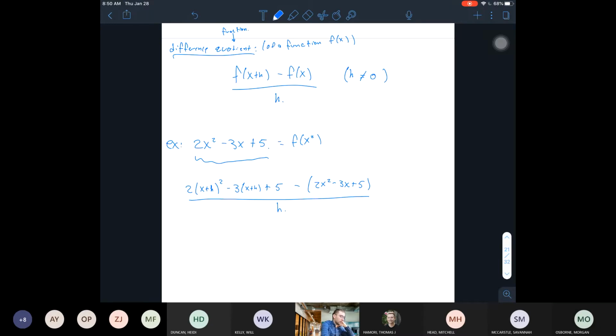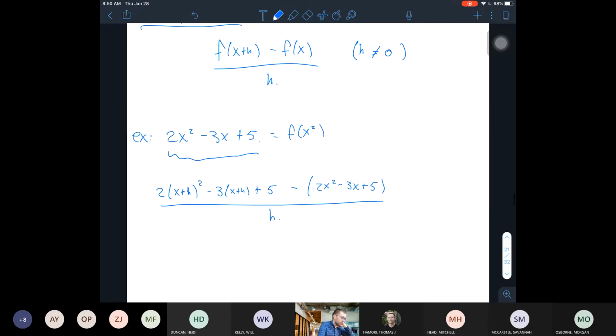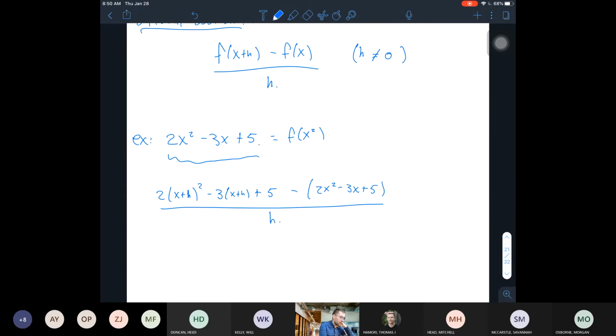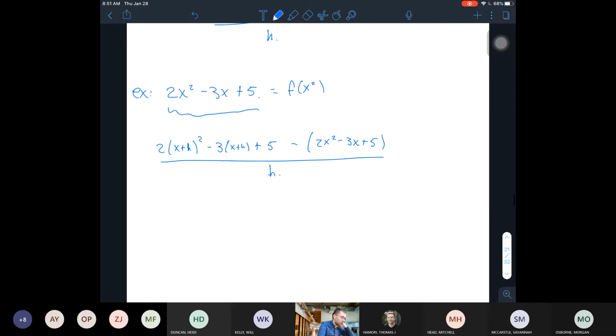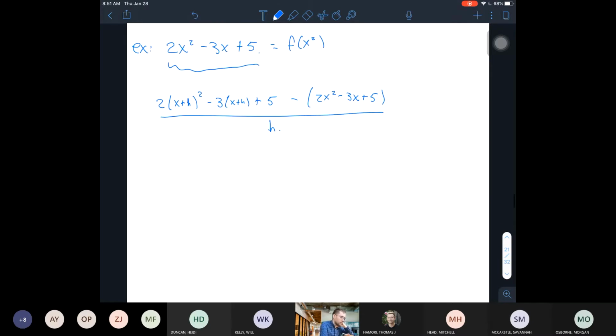And the amazing thing about most of these difference quotients is that at the end, we're going to be able to take a GCF of h out of the top, and this h on the bottom is going to cancel. But let's see if that's true for this case.